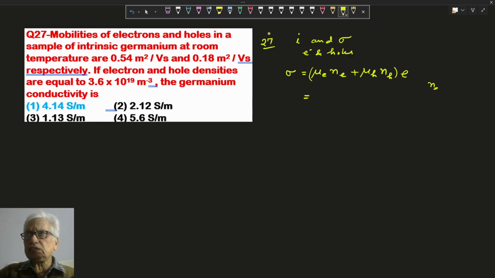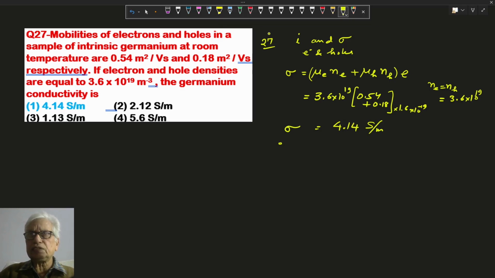Ne is equal to Nh; both are the same in the question, given as 3.6 into 10 to the power 19. So we take it common: 3.6 into 10 to the power 19 into 0.54 plus 0.18, into e, where e means electronic charge. We solve all of this. We are getting here 4.14 Siemens per meter. So this is the conductivity and option 1 is correct.